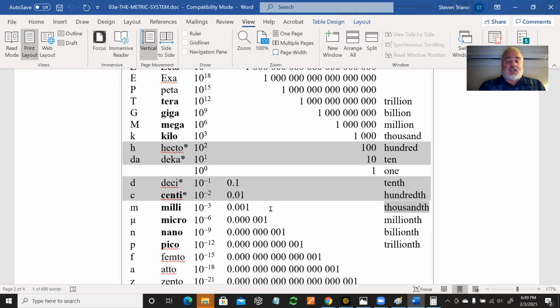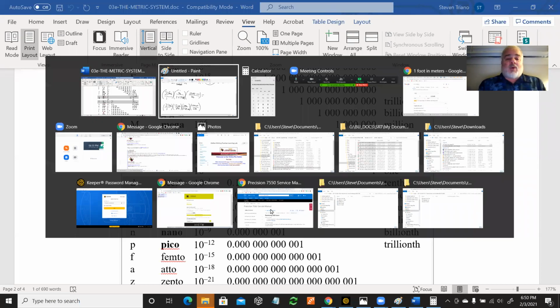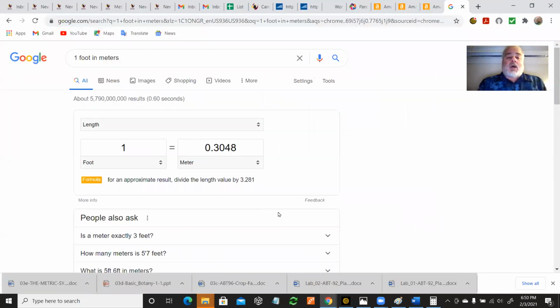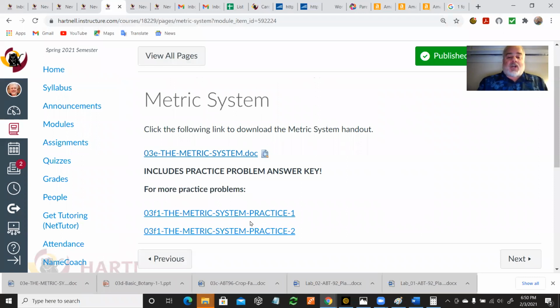You might need to get some additional practice. But there's numerous practice problems, not only in the document I just showed you. There's 11 problems there, but there's also 2 more documents with, I think, 20 practice problems each. So another 40 problems, I believe, where you could download these and practice some more.